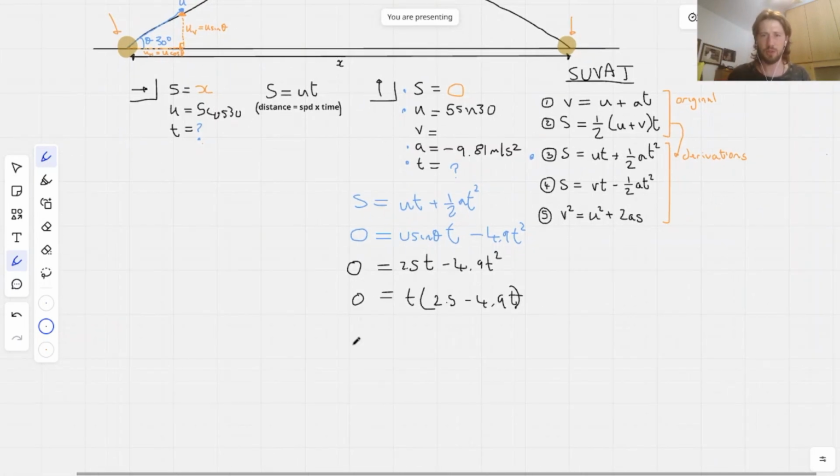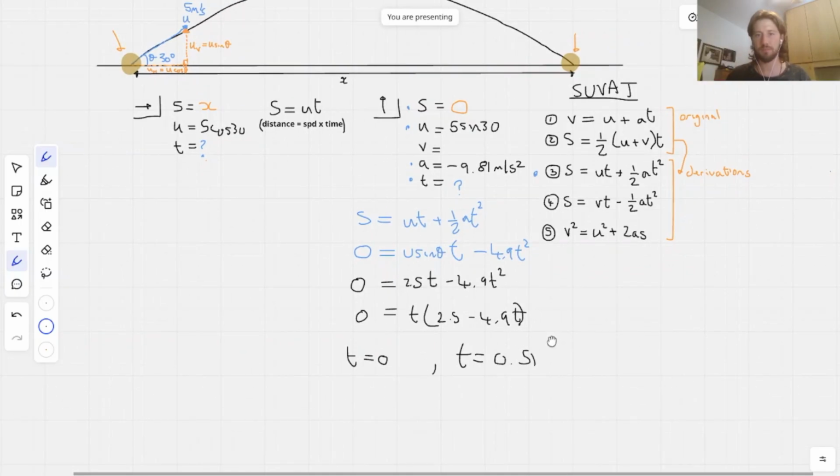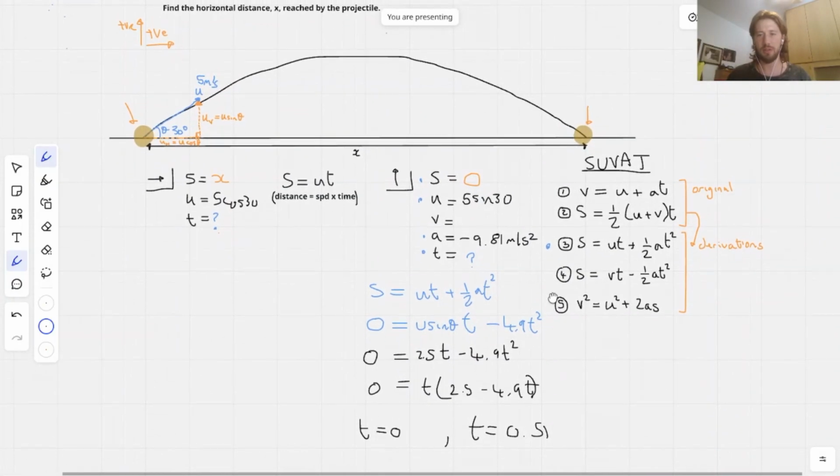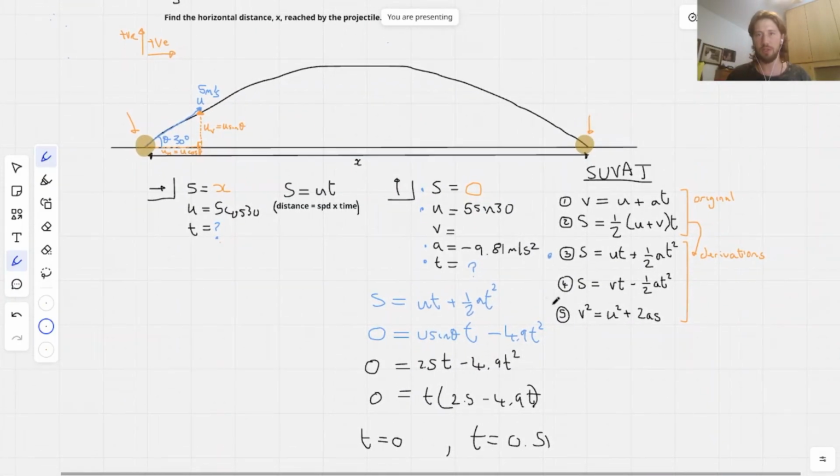And we get two solutions. t equals 0 and t equals, now I need a calculator, 0.51. Now notice we have two solutions for t, so which one is it? Well, SUVAT is a mathematical equation, and it will just give you all the solutions where our conditions are true.